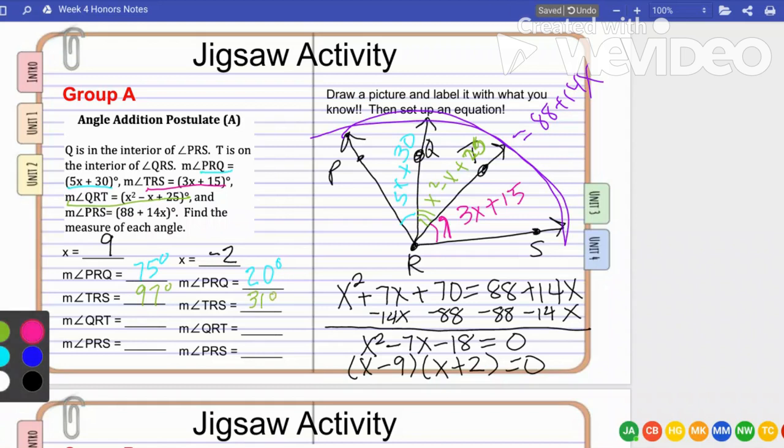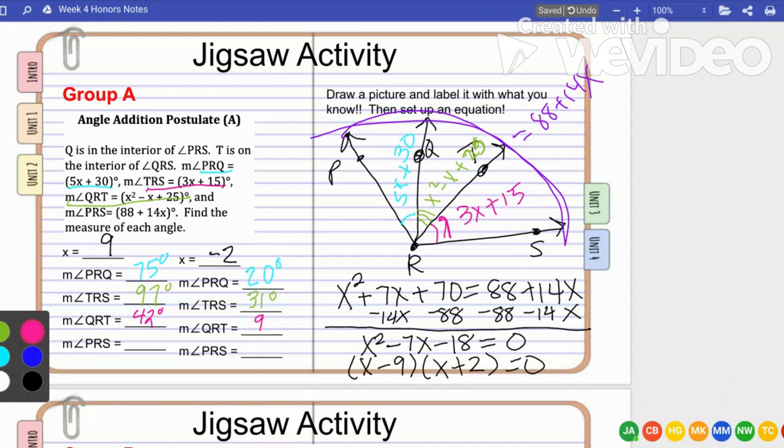3 times 9 is 27 plus 15. It's going to be 42 degrees. 3 times negative 2 is negative 6 plus 15.